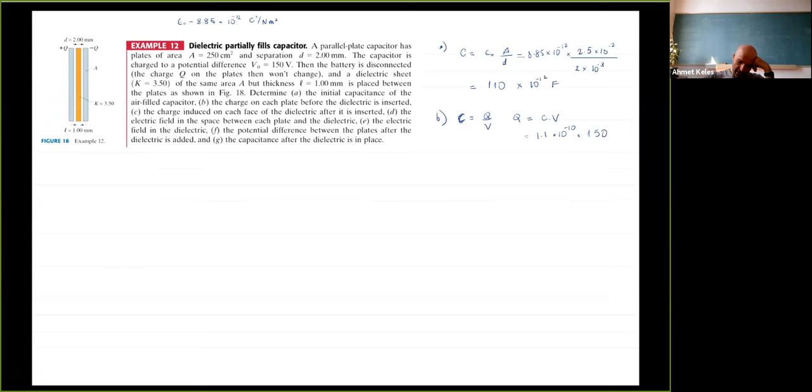If I multiply, this is going to be 1.65 times 10 to the minus 8 coulombs.